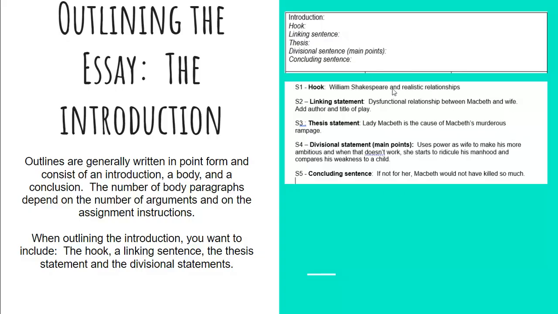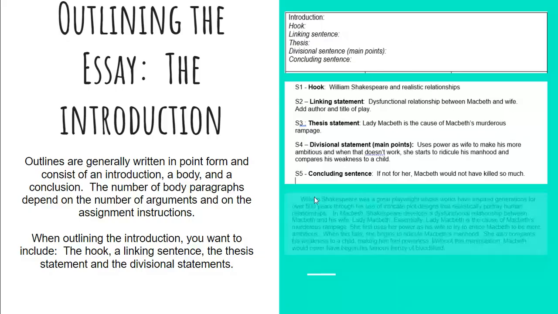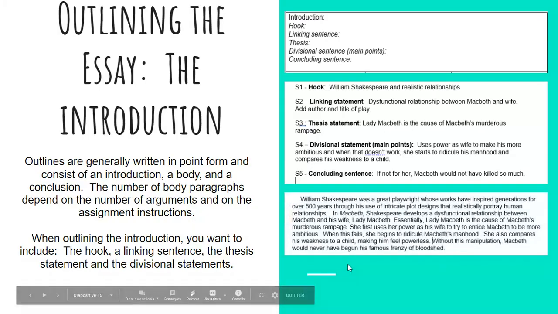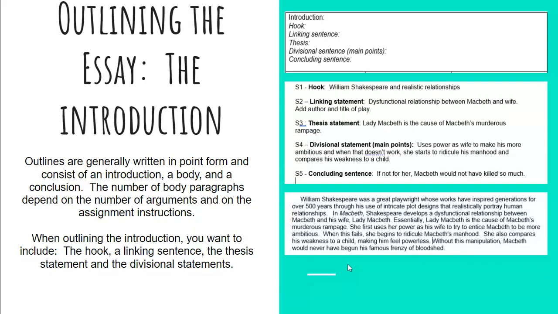So when I put my outline together, William Shakespeare was a great playwright whose works have inspired generations for over 500 years through his use of intricate plot designs that realistically portray human relationships. In Macbeth, Shakespeare develops a dysfunctional relationship between Macbeth and his wife, Lady Macbeth.